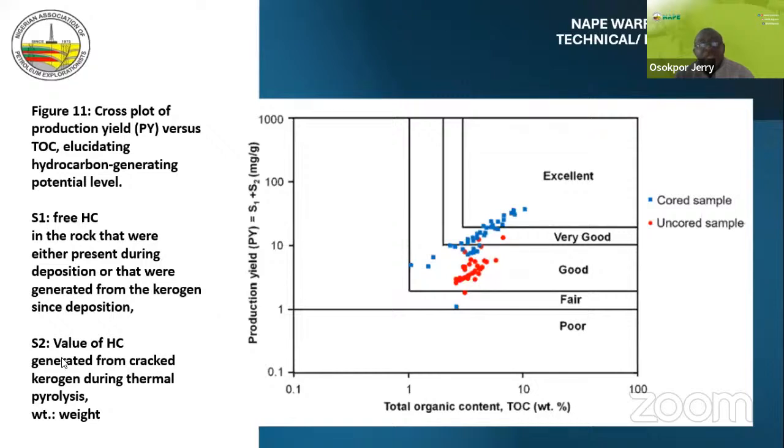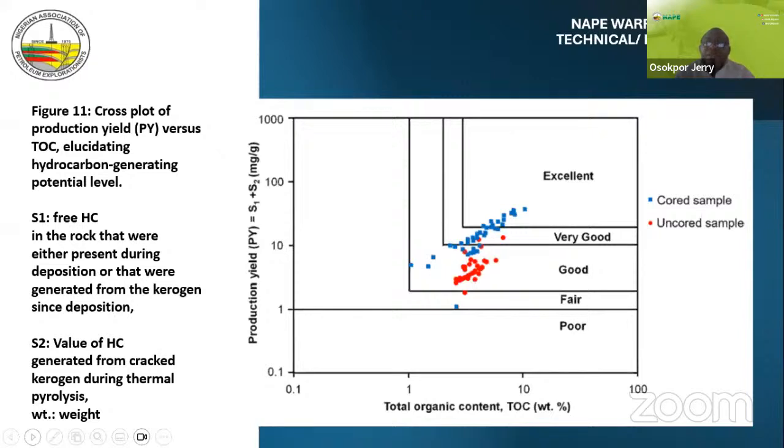But what I want to say is that we have done many works in other areas where we have seen that the Akata is actually more matured, while the upper part of the Akata is barely matured. So if the upper part of the Akata is barely matured, we do not think that the upper part, which is the Agbada, would have entered any form of maturity.